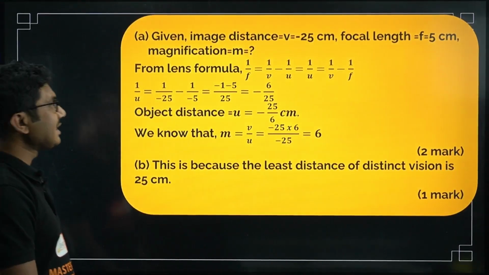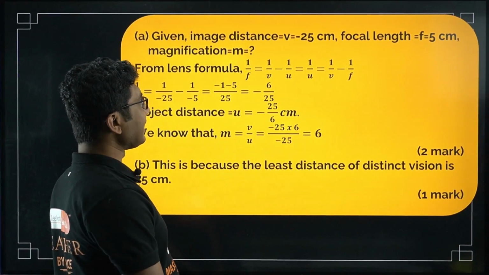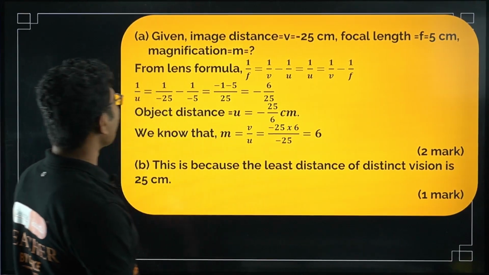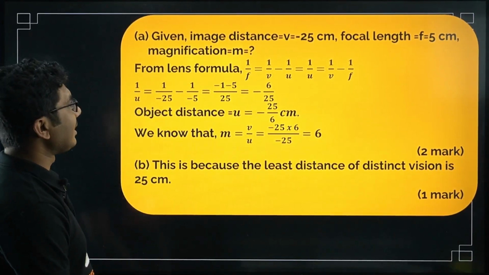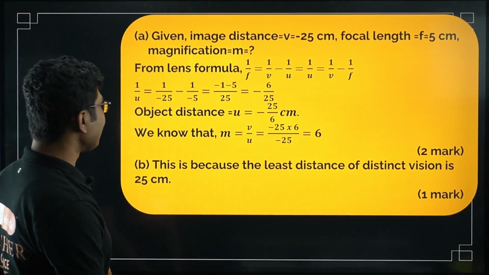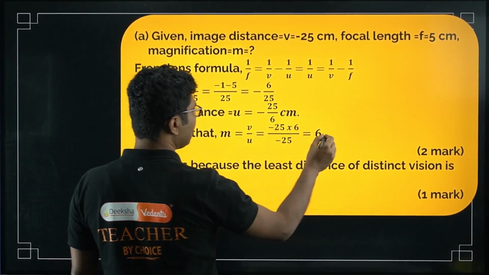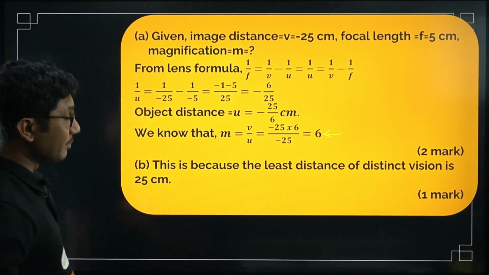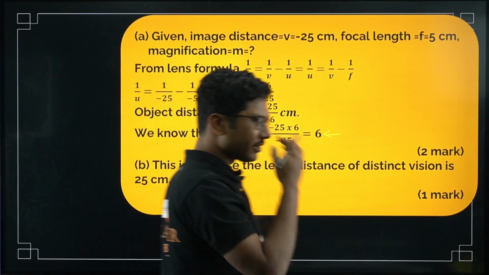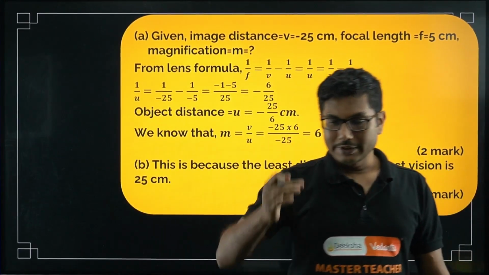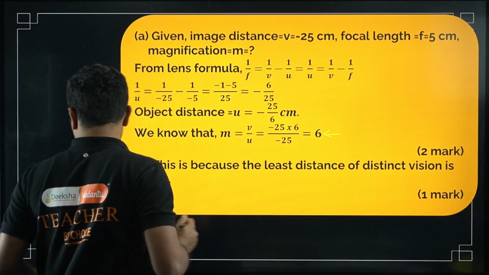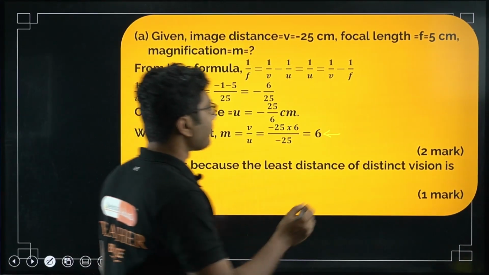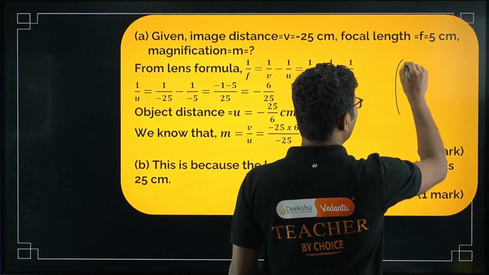Given image distance V is equal to minus 25 centimeter, focal length is 5 centimeter. So they have calculated the magnification, which turns out to be 6. So easy question. For the minimum distance of distinct vision, that should be the distance from the eye to form the image.